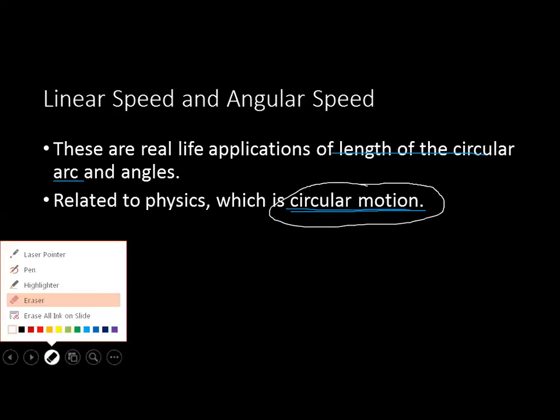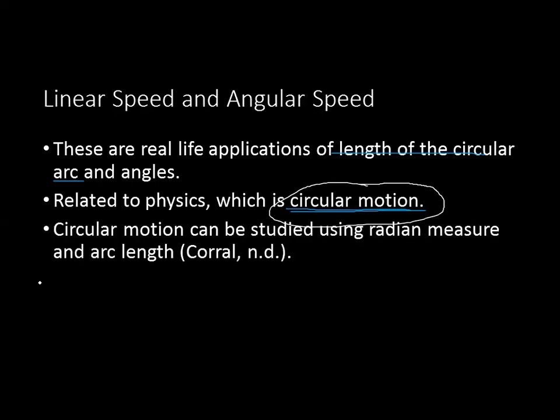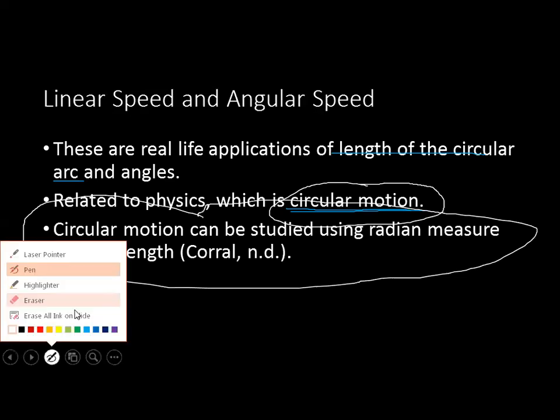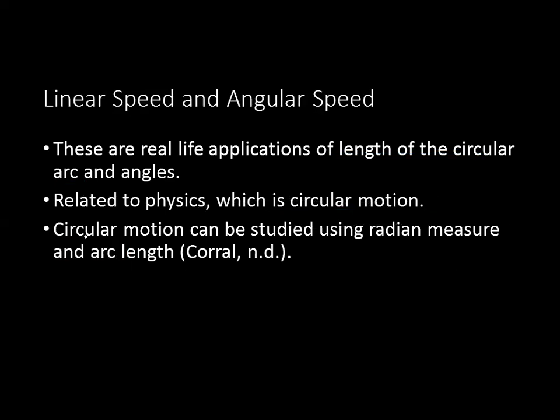And according to Math LibreTexts, if I'm correct, circular motion can be studied using radian measure and arc length. So this already gave you the idea that what we learned before about angles and arc length is applied to circular motion.